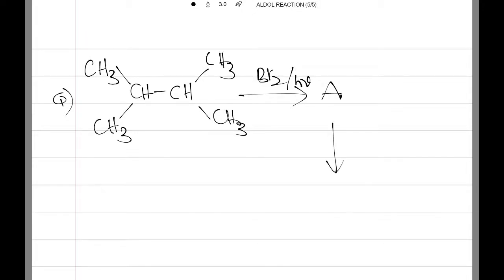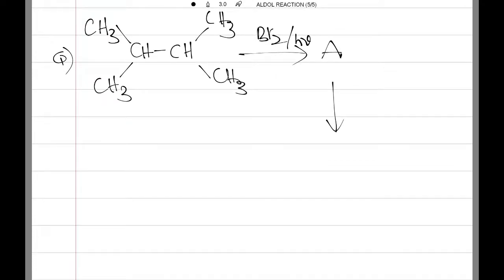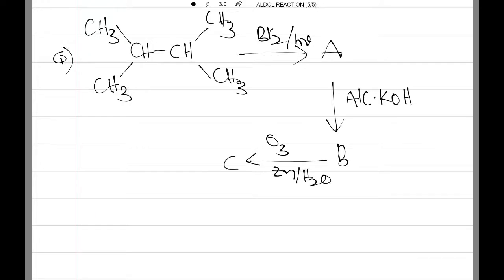This A product on reaction with alcoholic KOH gives the B product. This B product on ozonolysis gives the C product. This C product on reaction with aqueous KOH gives the D product.